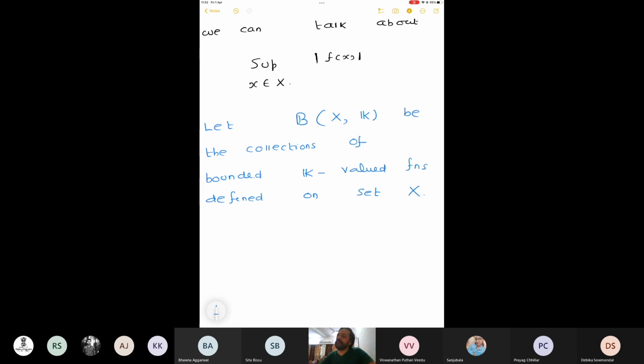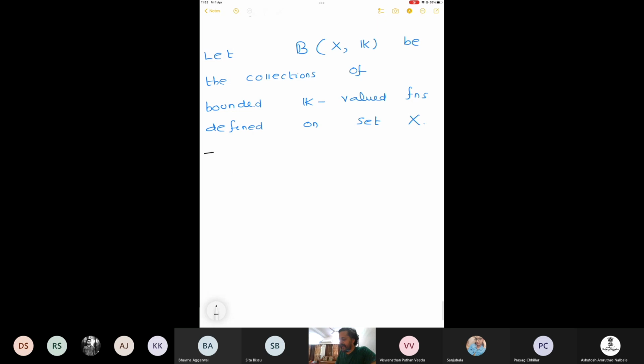Now, suppose you have two functions f and g in B. Then f is bounded, g is bounded. Do you see that f plus g is bounded? Do you see that alpha times f is bounded? So essentially, this collection that I just formed is a vector space.